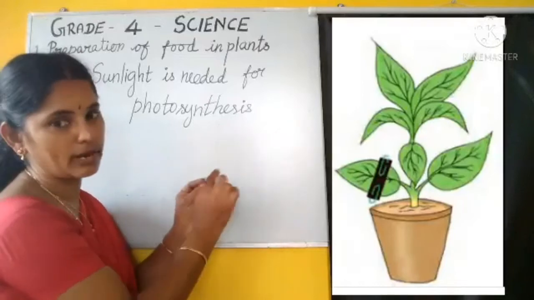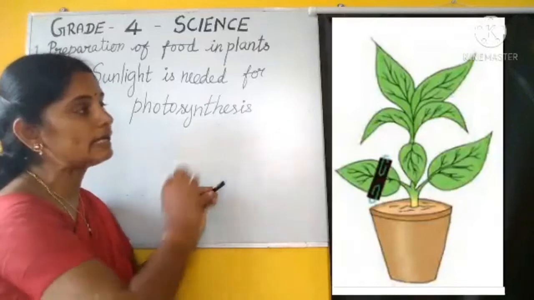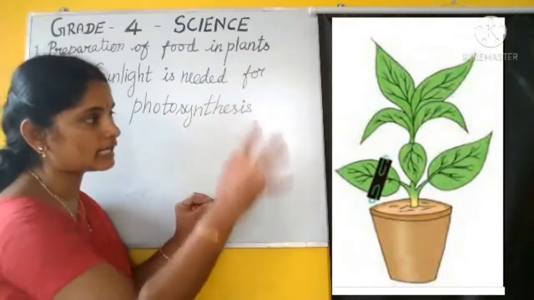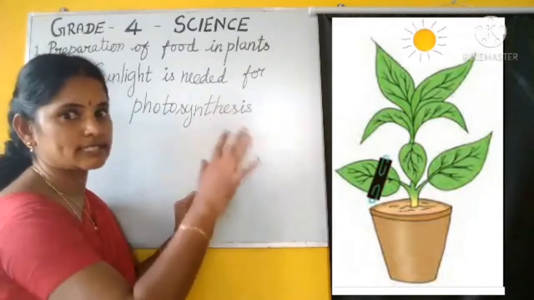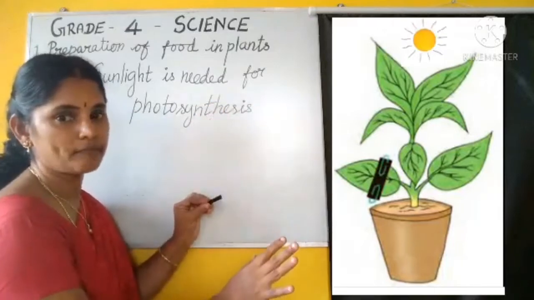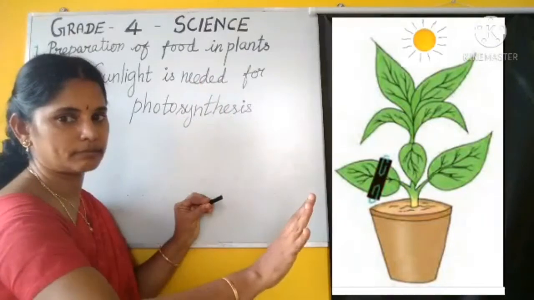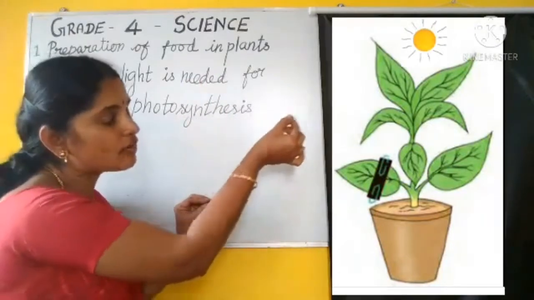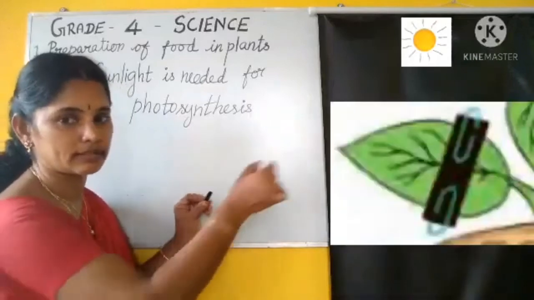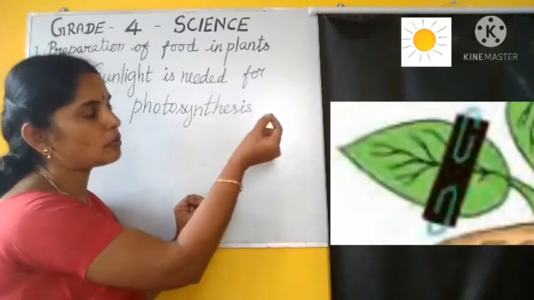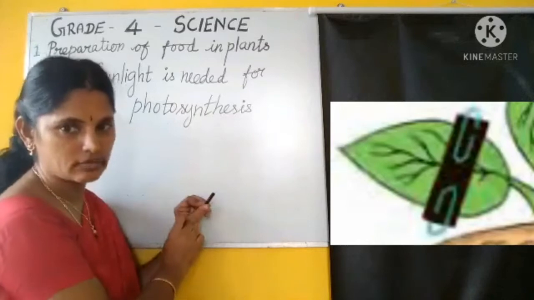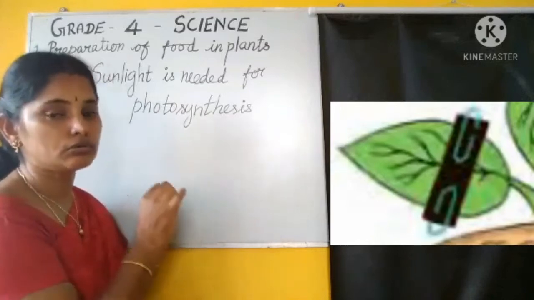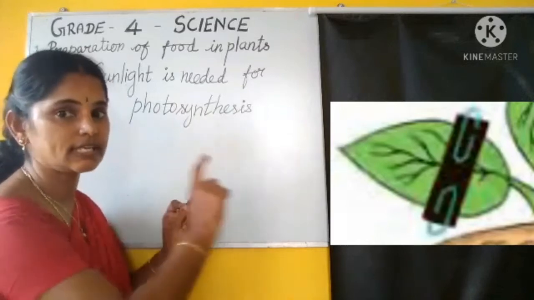Okay, in the center part of the leaf, cover the leaf. Leave the potted plant in sunlight for half a day, 6 hours. So leave the potted plant as such in sunlight. Now you pluck the covered leaf alone. So pluck that covered leaf, and now we are going to do the starch test on that leaf alone.